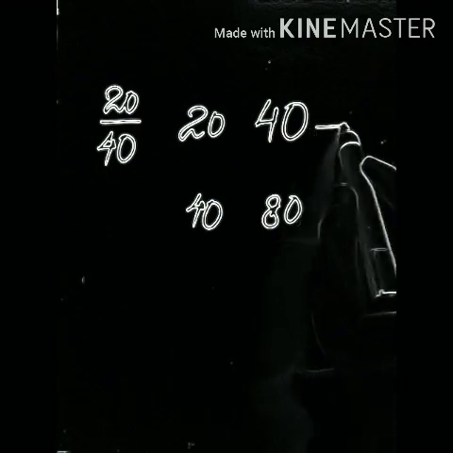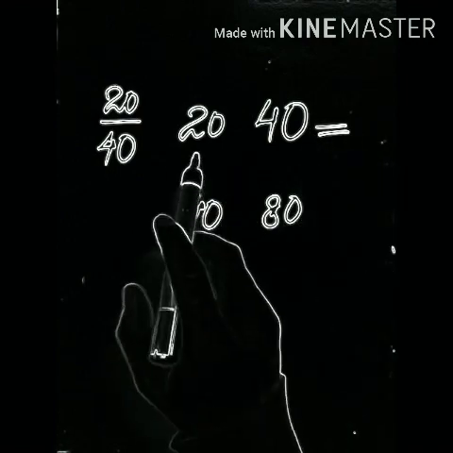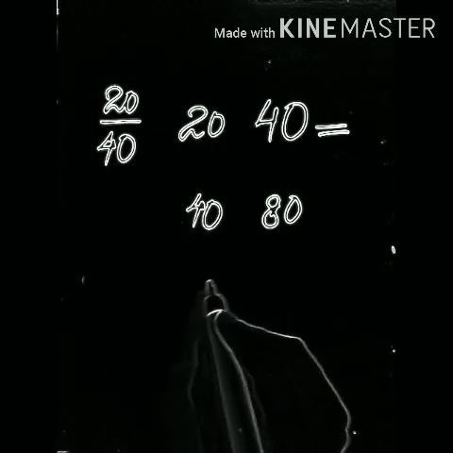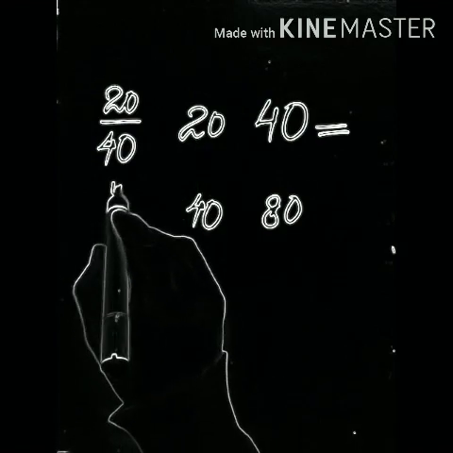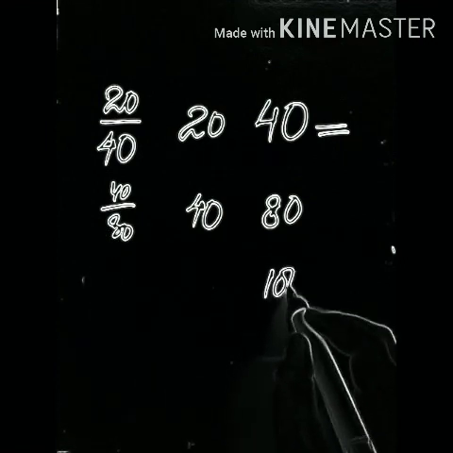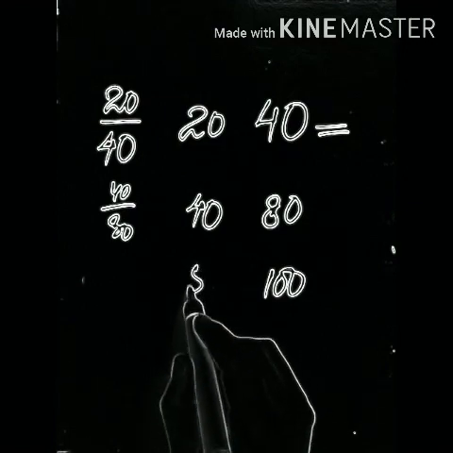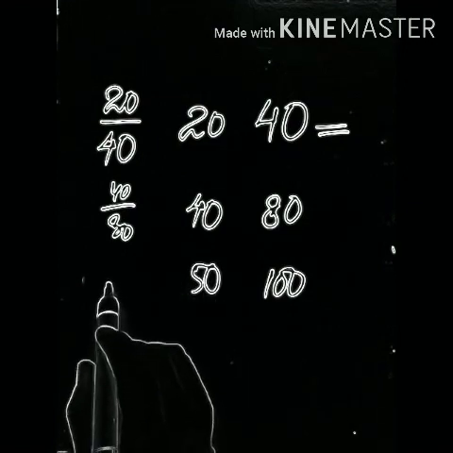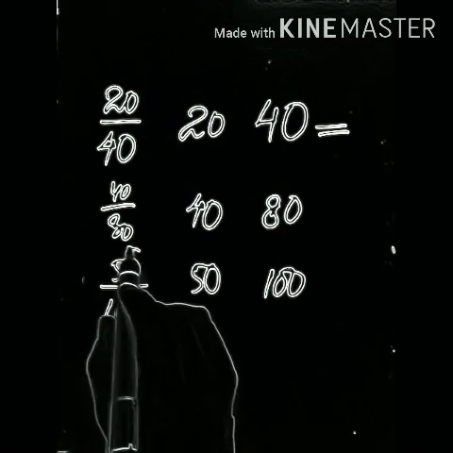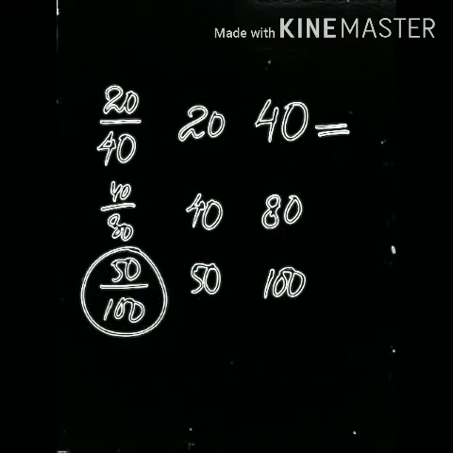You got half of the full mark, and then it can be 40 divided by 80. If the test is for 100 marks, then you'll be getting 50. So your teacher would write definitely out of 100 you are getting 50.